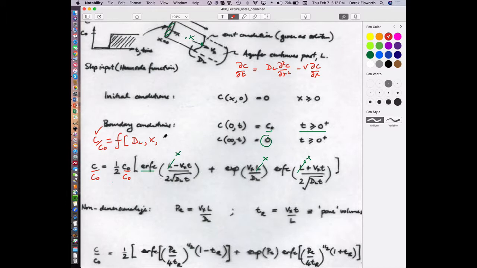Clearly, advective velocity is one of them. And clearly, time is one of them. If we look at the units of those: meters squared per second, meters, meters per second, and seconds.